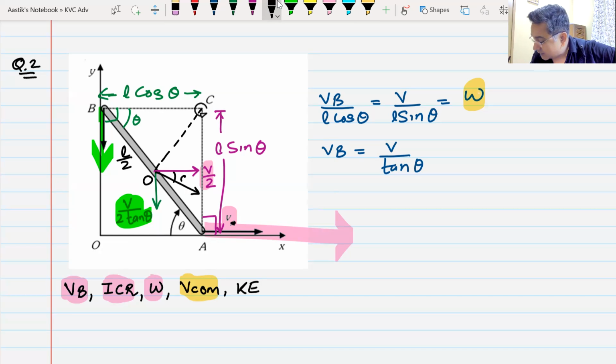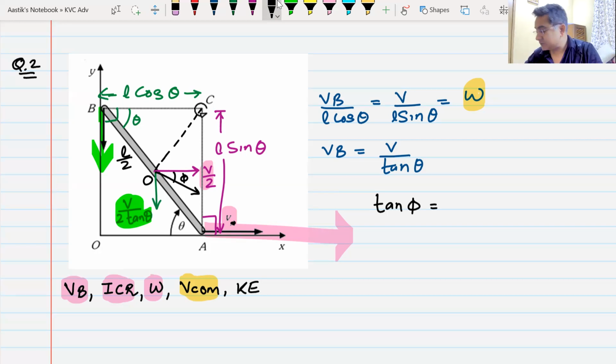So if I call this angle phi, you can find this angle phi. How much will be tan of this phi? It will be perpendicular divided by base. Yes or no?